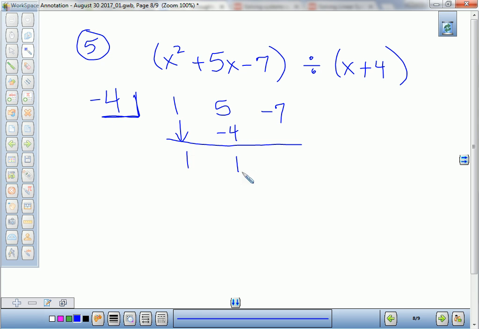We multiply negative 4 again and we add, and when we add negative 7 and negative 4, we get negative 11. Negative 11 is the remainder. This one has a remainder. So when we go to write this answer, this 11 gets put over x plus 4. It's the remainder. This one is our constant, and this one has the x.